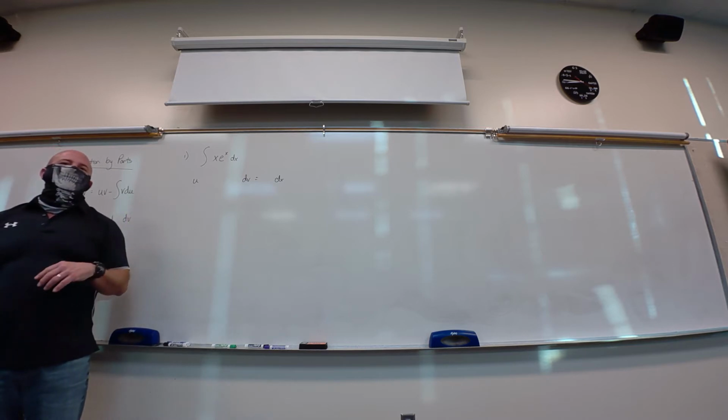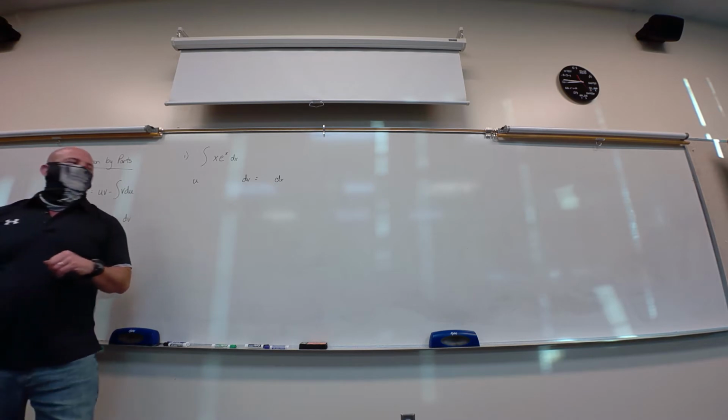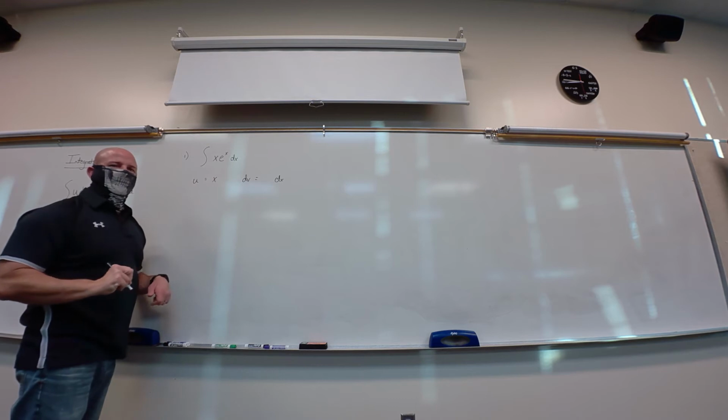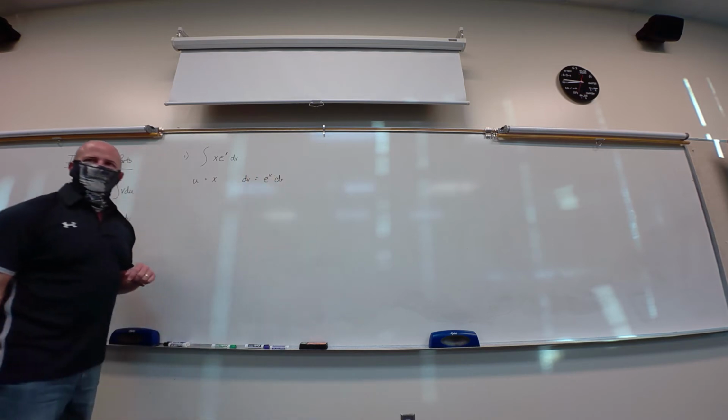This is where I have to just try something. I'm going to let u be x, and I'm going to let dv be e to the x dx.